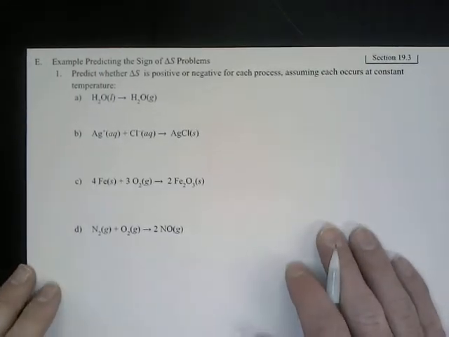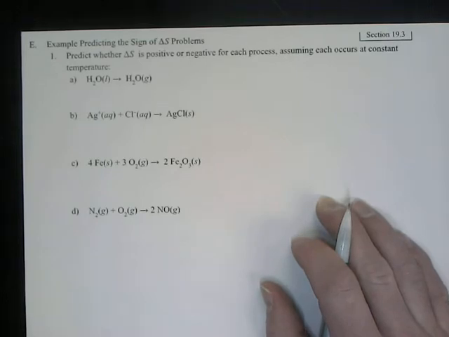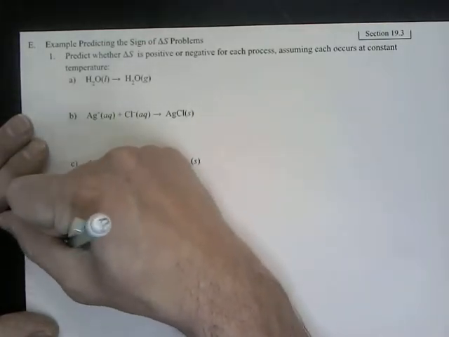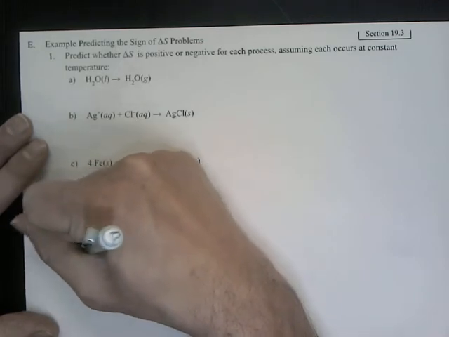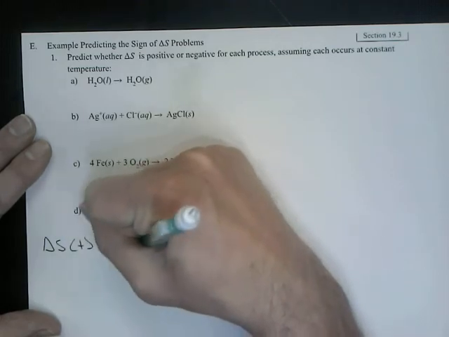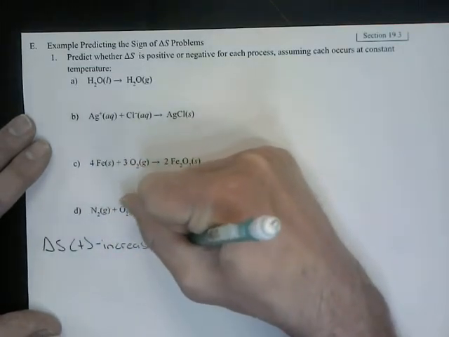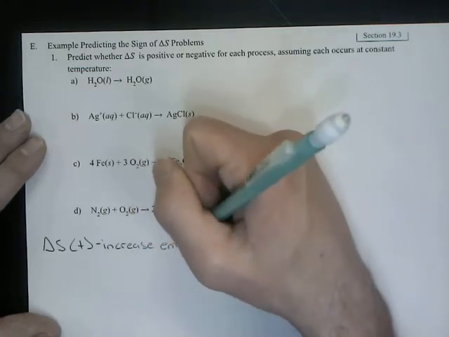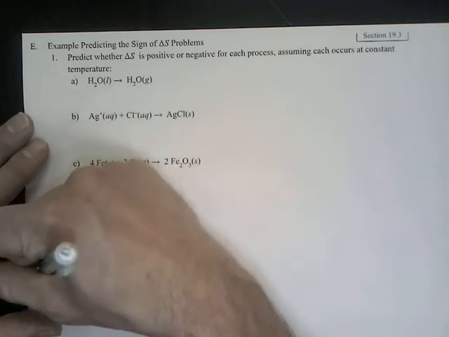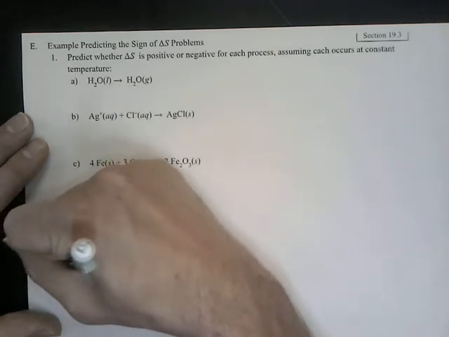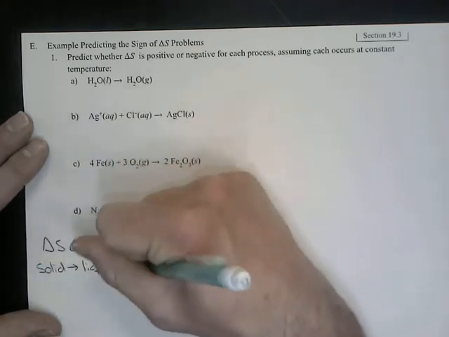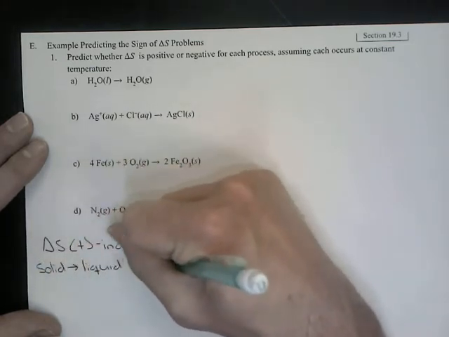All right, so before we do these problems, I want to make a little cheat sheet down here. We have delta S that is positive, which means we have an increase of entropy. When delta S is positive, this occurs when a solid goes through a phase change to become a liquid. Again, delta S is positive.